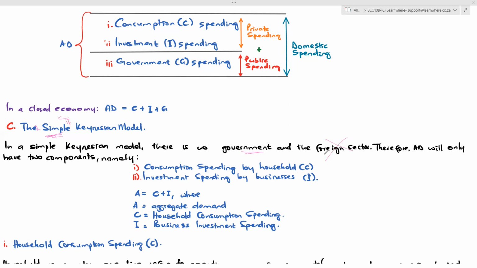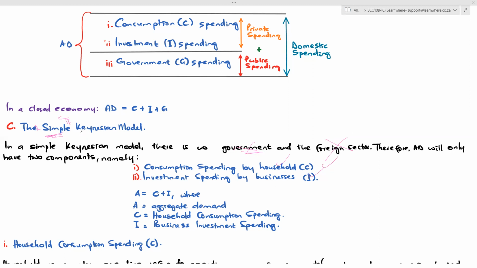But it is even much simpler because we're saying that there is no government. And we'll simply say that, as a result, the only economic decision makers that we have in that closed economy are really just households and businesses. Okay, so these are the only components of aggregate demand in this simple Keynesian model.